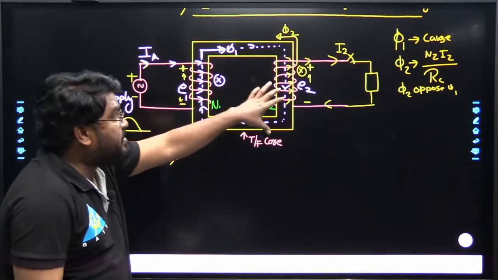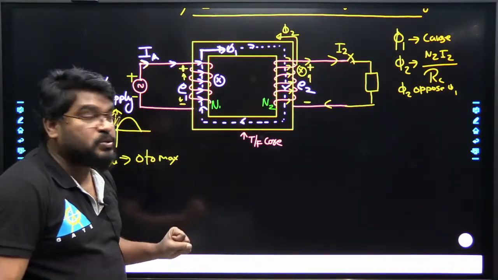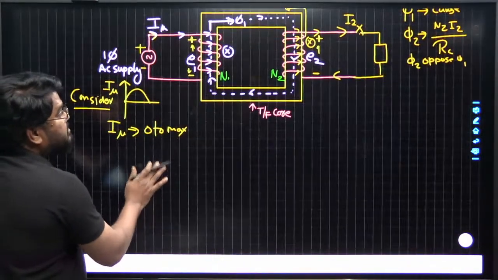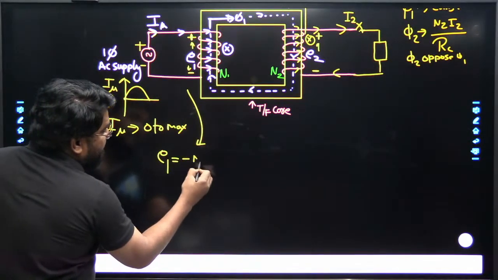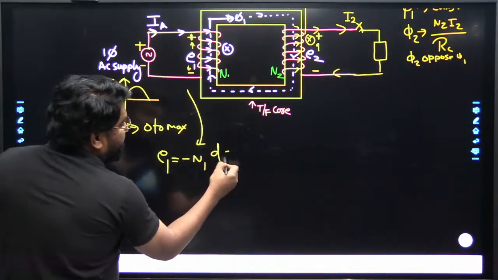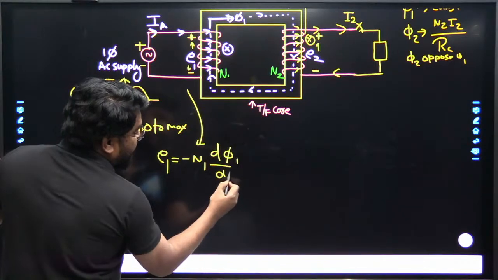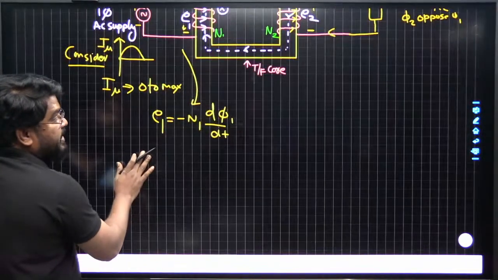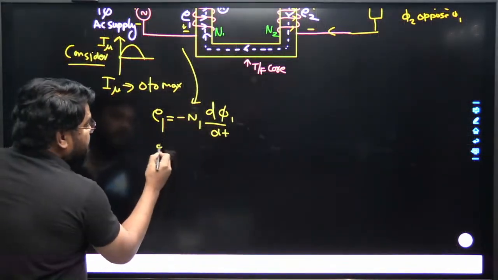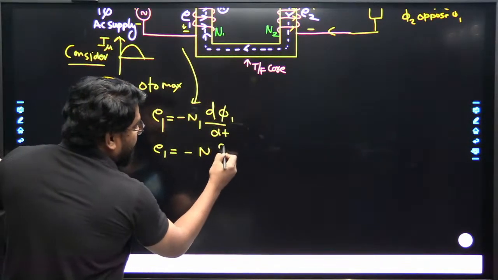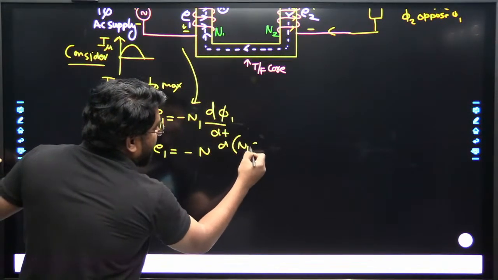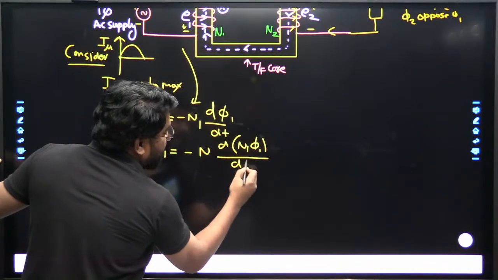Then how do we find the magnitude of the induced EMF? Let us find this magnitude here. V1 is equal to minus N1 d phi 1 by dt. So E1 is equal to minus the differentiation of N1 phi 1 with respect to time.